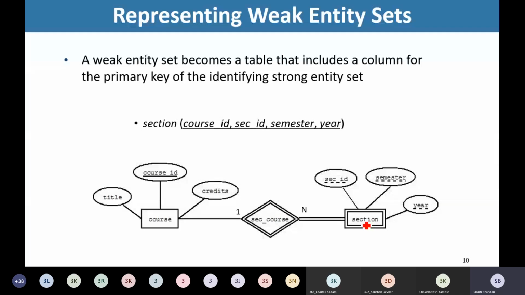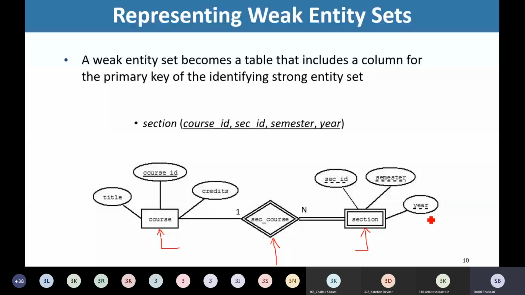And what is that column? That column will be the corresponding primary key of the strong entity set. We have seen that this entity set is known as the identifying entity set. This is my weak entity set, right? And this is my identifying relationship set. Okay, so for the weak entity set, I will create a table, right?